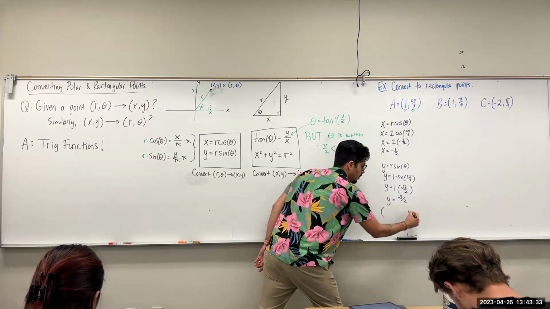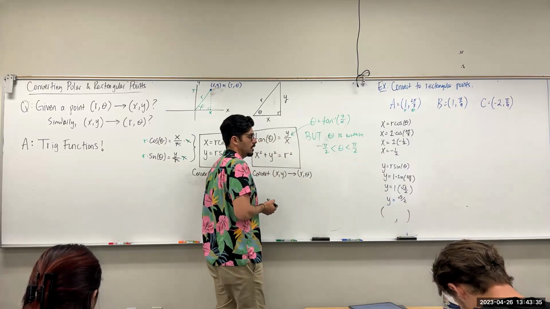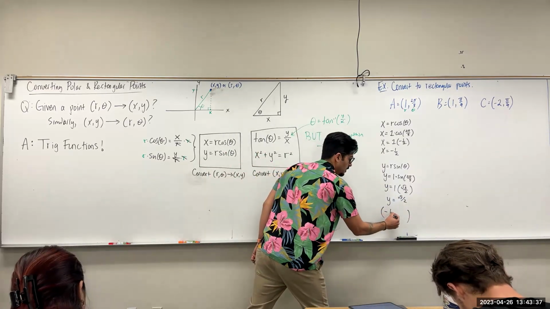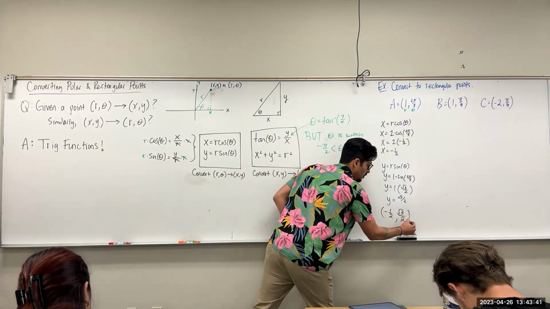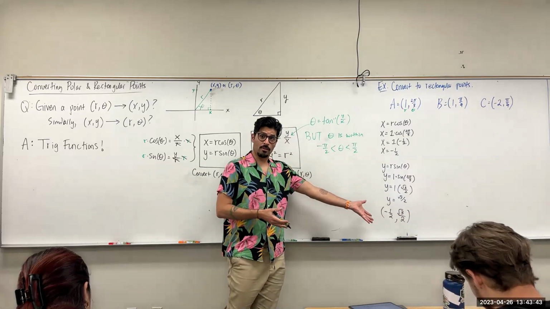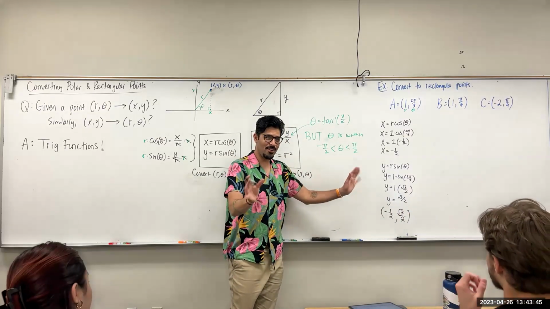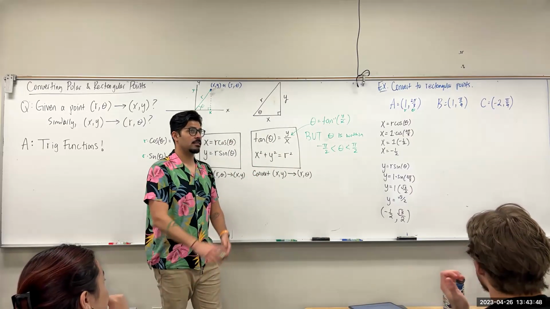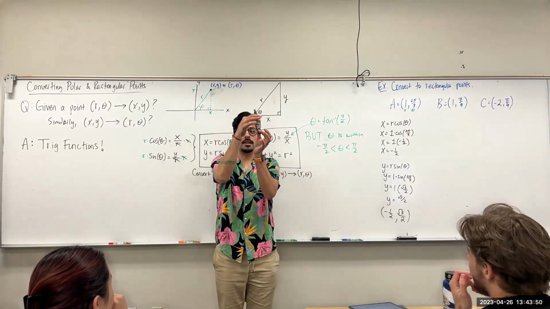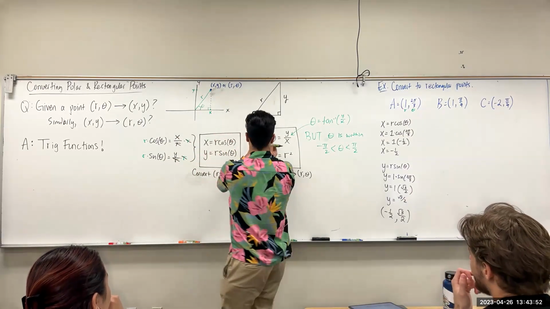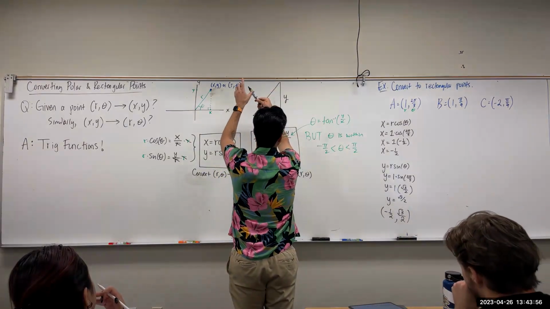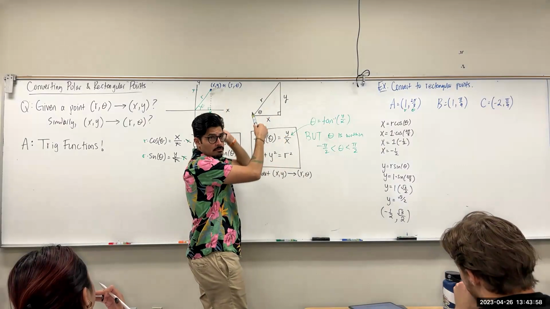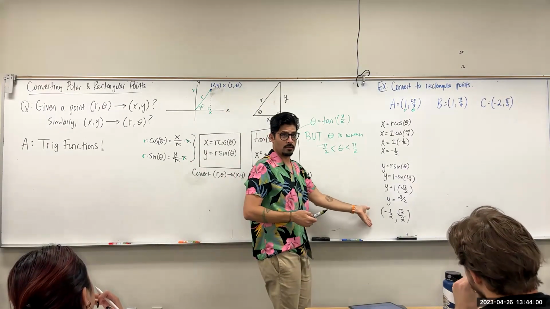Then my final rectangular point will have coordinates negative 1/2 and root 3 over 2, which are the points from the unit circle. Because on the unit circle, you've rotated theta by 2 pi over 3, and r is 1 because you're on the unit circle, right? So that's why those are the coordinates.